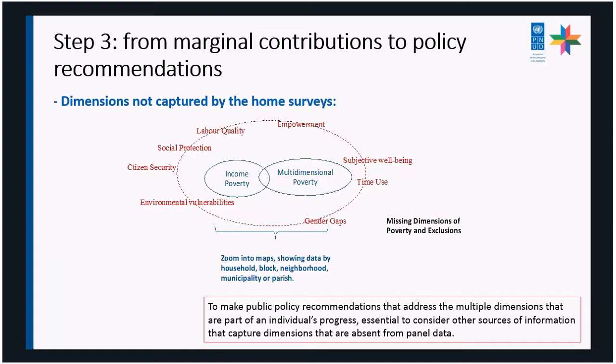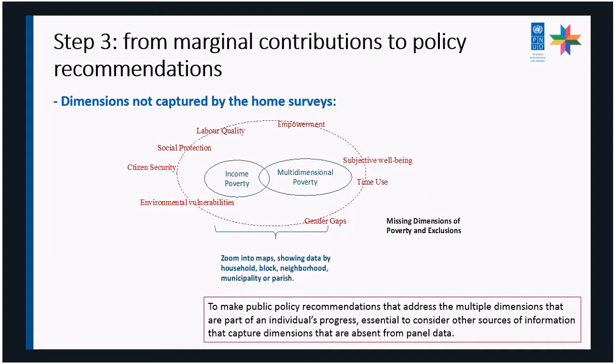For example, labor quality, empowerment of households, the well-being that households experience, the use of time, especially the difference between men and women in each household, gender gaps, environmental vulnerability, citizen security, among others. So we think that it's very important to look at other, non-traditional sources in order to get information about these missing dimensions.